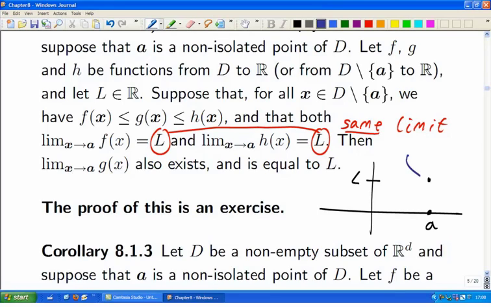And h of x, we're told, is tending to L as you come in. So this is, say, y equals h of x. And then there's a smaller one underneath that, which we'll call y equals f of x. But they both tend to the same limit at the point a. And g is stuck between them.